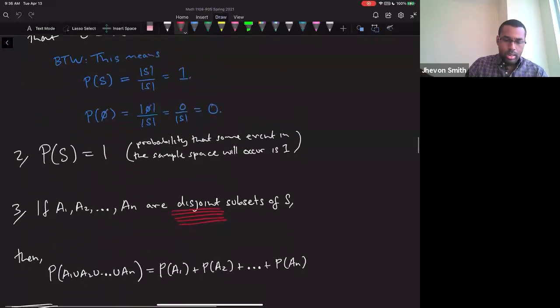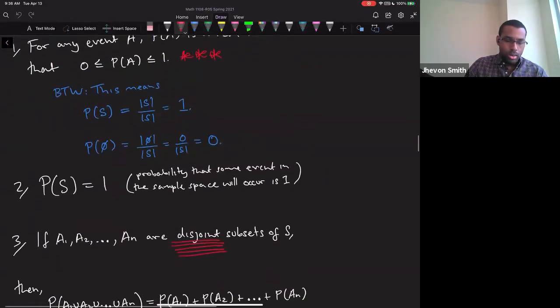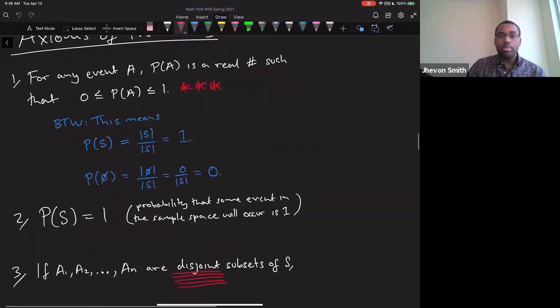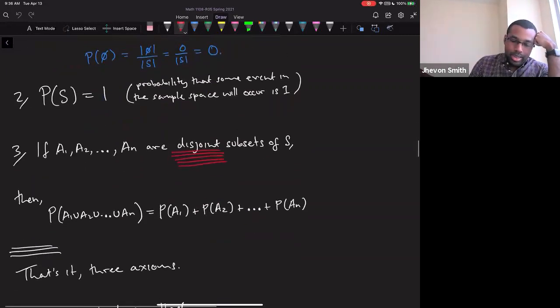And I think we did an example later. We also looked at the axioms of probability. Probability is always a number between 0 and 1. The probability of the entire sample space is 1. We also know the probability of the empty event is 0. Something has to happen. And if we have disjoint sets, the probability of the union of disjoint sets is the sum of the probabilities.